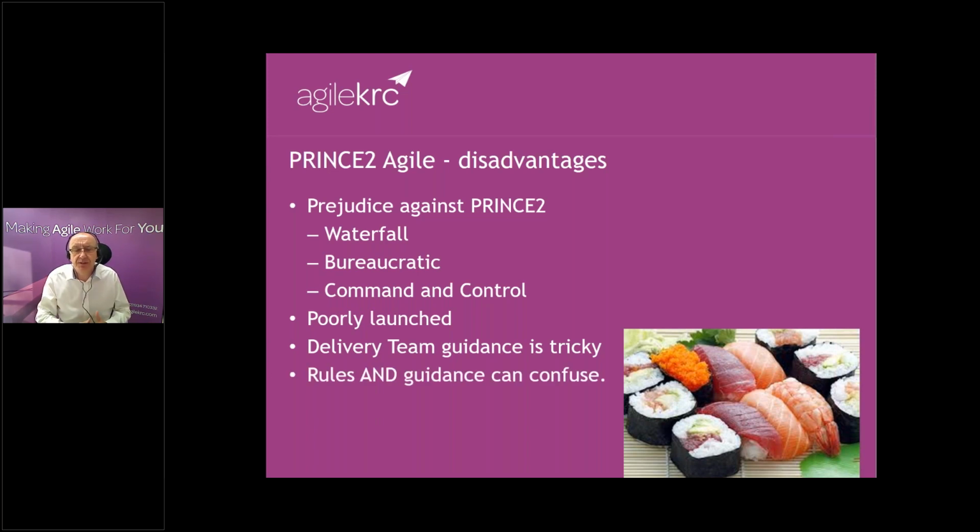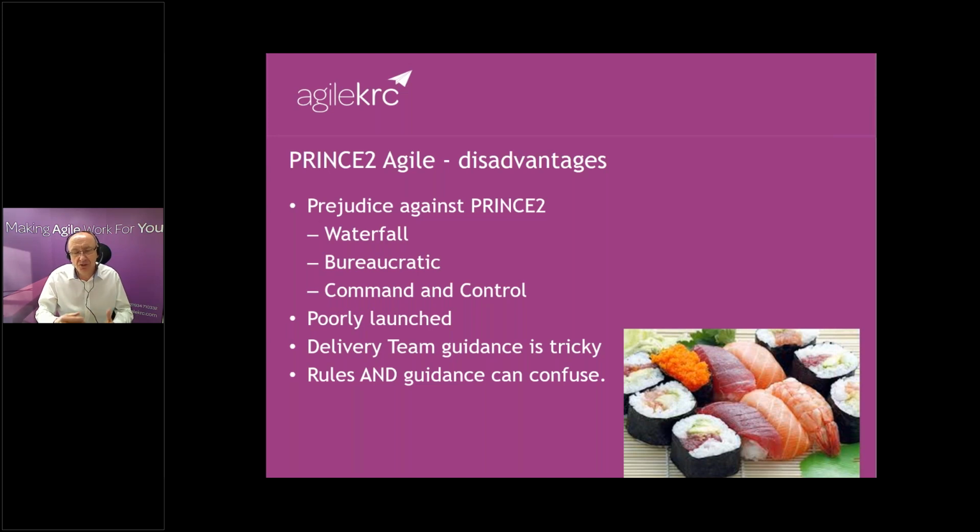The big issue with PRINCE2 Agile, which frustrates trainers and a lot of people, is this idea that a lot of it is about rules, but a lot of it is about guidance. And there are times when you need a rule. For example, you must wear a safety belt. In MoSCoW, a must means it won't work without it. Now these are black and white rules, and they're great.